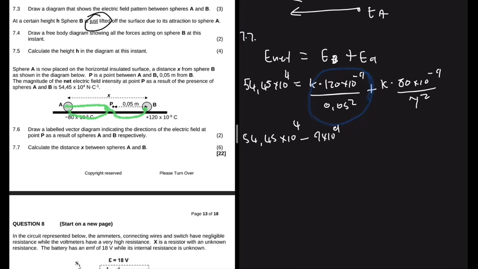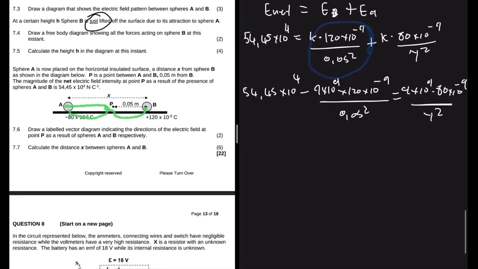I'm substituting K now, multiplied by 120 times 10 to the minus 9 divided by 0.05 squared. And then this will be equal to 9 times 10 to the power of 9 multiplied by 80 times 10 to the minus 9 divided by Y squared, right? So now I can rearrange this equation in an attempt to find Y squared.